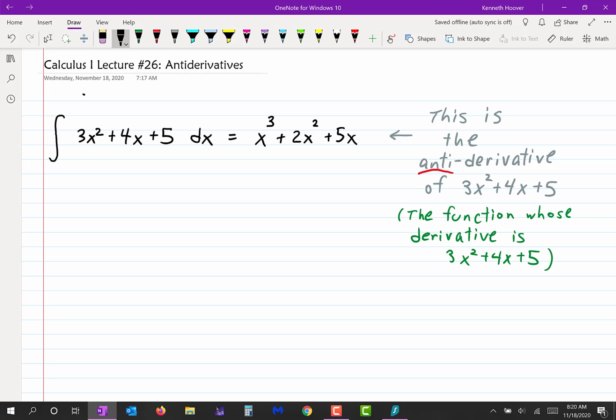Do you see what I'm doing after I write down the answer? I'm checking it to see if I'm right. You can always check an answer for an integral by just doing the derivative of your answer and seeing if it equals this. By the way, the function inside an integral is called an integrand.